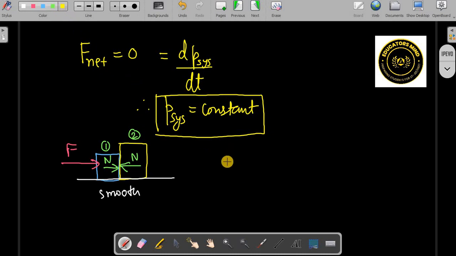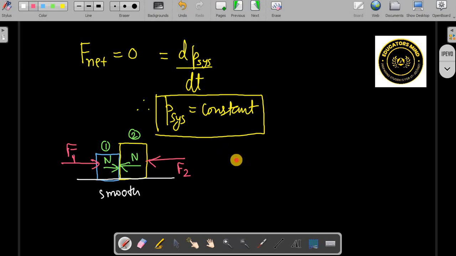If you take the total net force on the system, of course it is not balanced. But if you consider F1 and F2, where you can balance it, let's say there is a force F1 you are applying and another force F2 is being applied, and the system is balanced. Then the total momentum of the system will be constant.